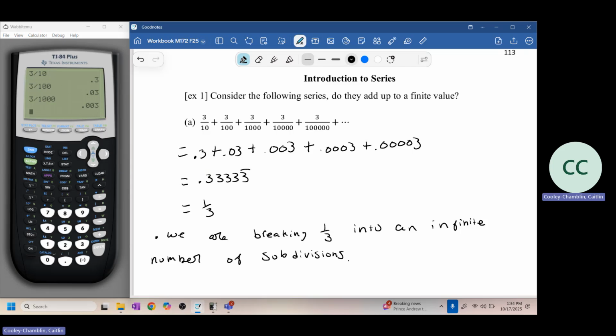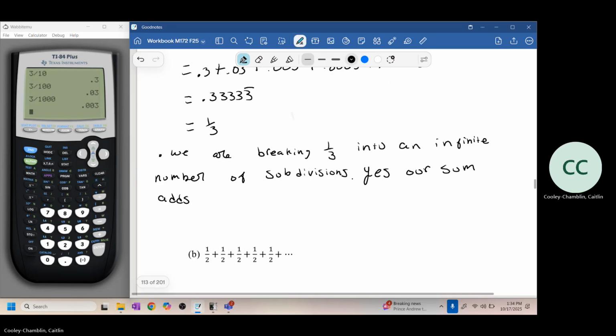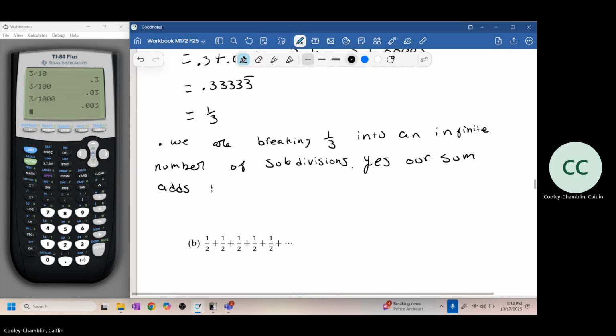So yes, our sum adds up to a finite number.